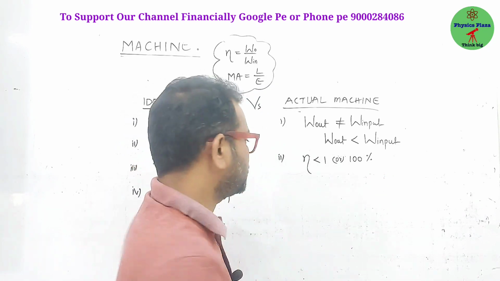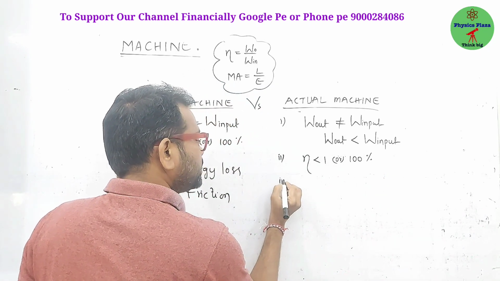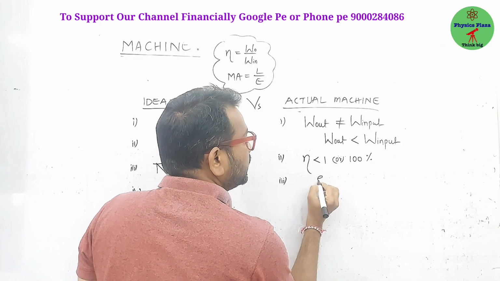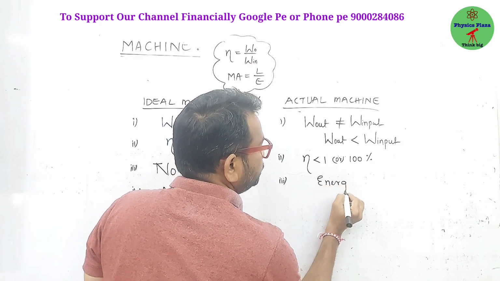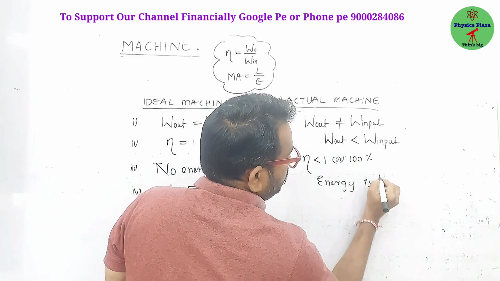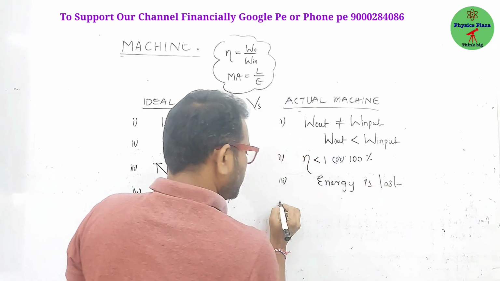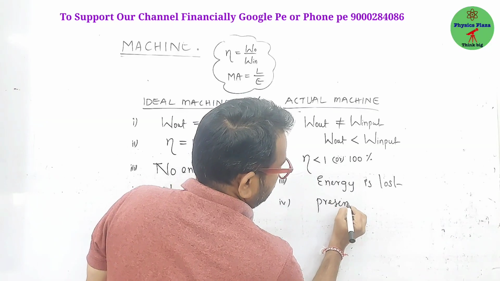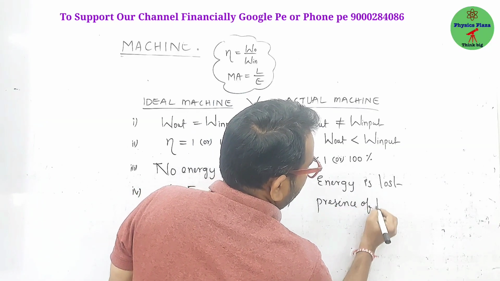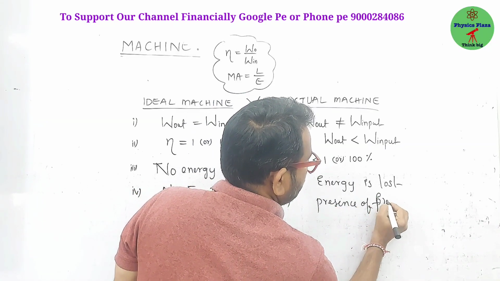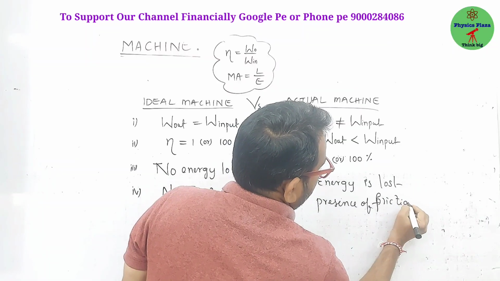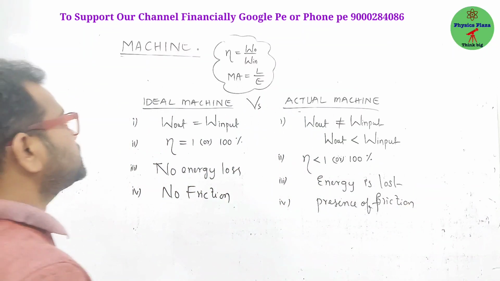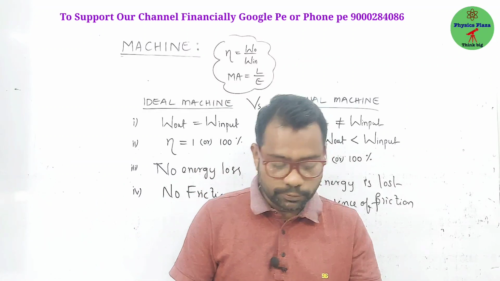As efficiency is not 100%, it means there is always some energy lost. Some energy loss will be there. Why? Presence of friction. So children, these are some important points related to the ideal machine and actual machine.